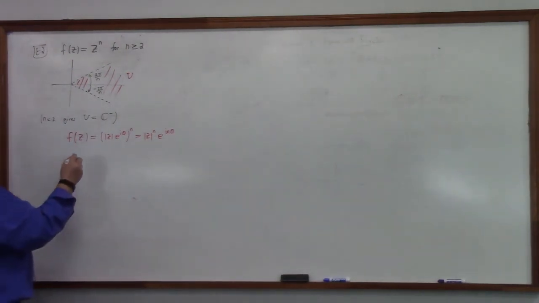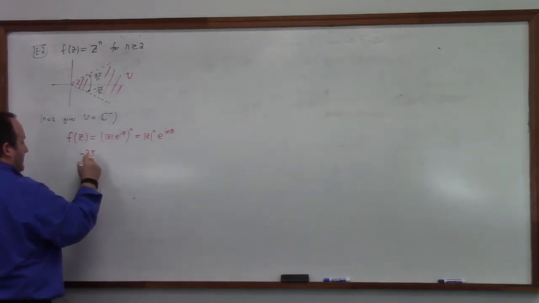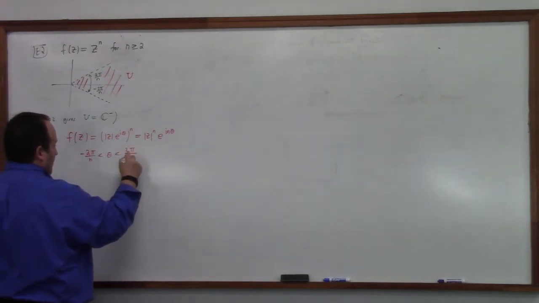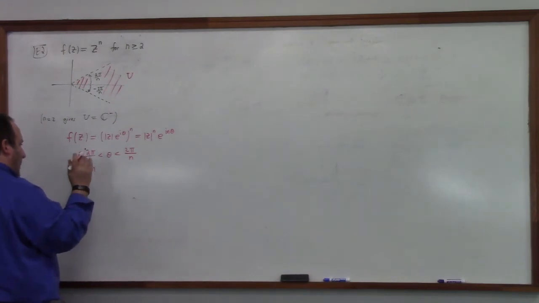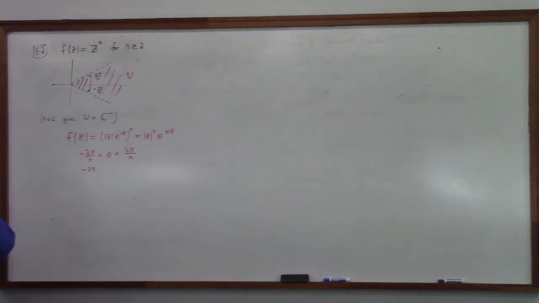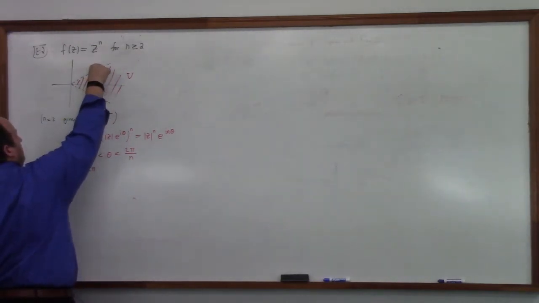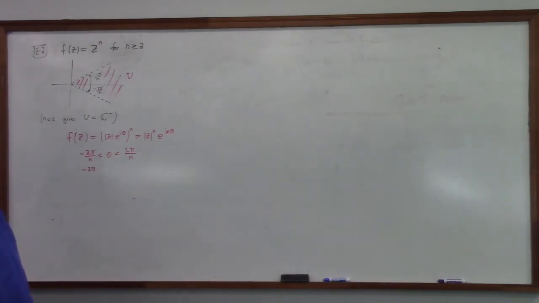So notice that minus pi over n less than theta less than pi over n. Oh, my bad, I don't need a 2 there. Sorry. Wait a minute. No, I need a 2.